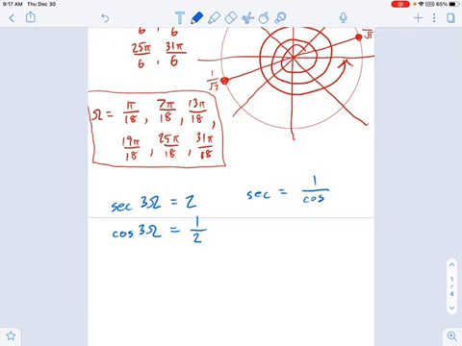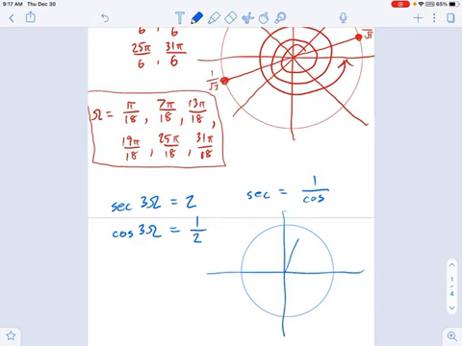So where does cosine equal 1/2 on the unit circle? If we have a unit circle right here, cosine is the x values. So that's going to be values like right here and right here. See, they're equal to 1/2. So this is 3 omega equals, that looks like pi over 3 and 5 pi over 3.